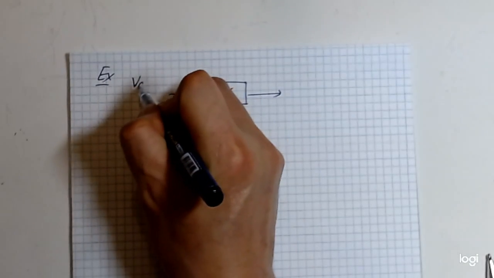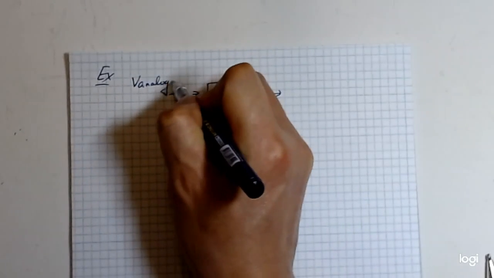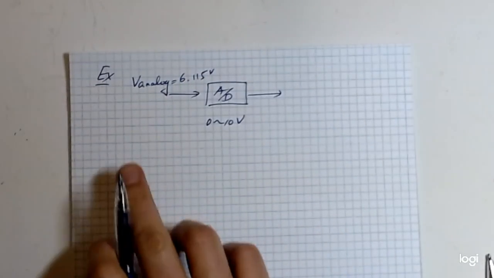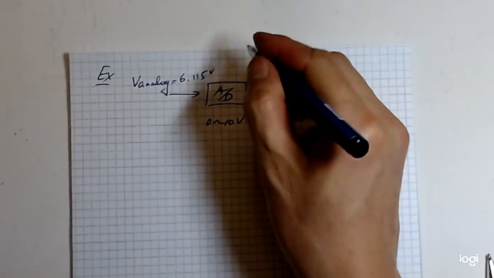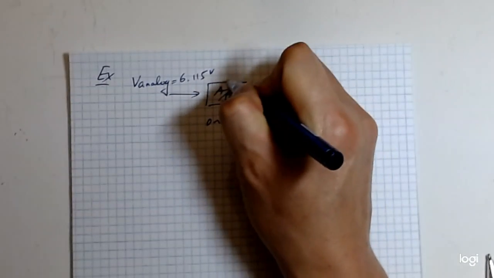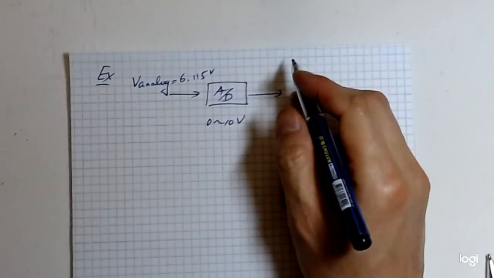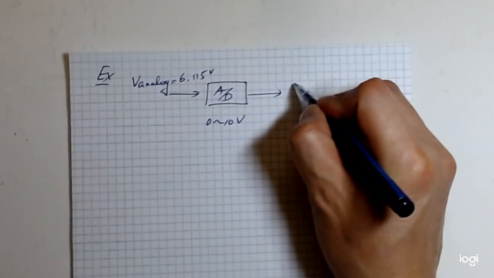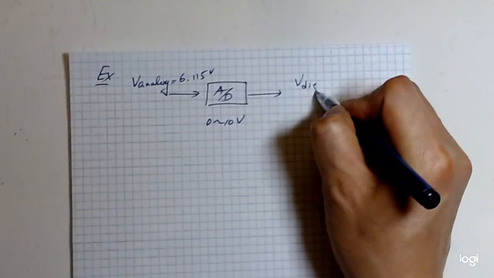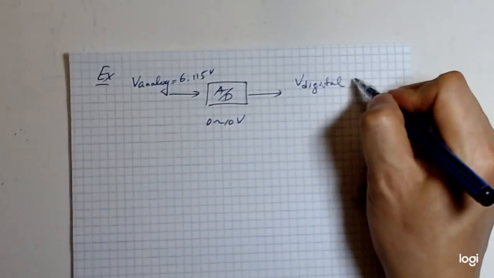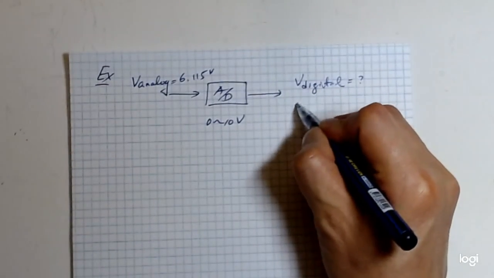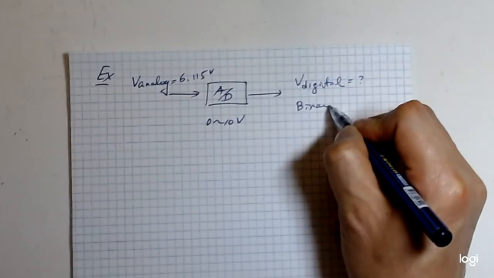So you have analog voltage coming in at 6.115 volt. Through the sampling and hold every time, what will be the digital voltage? And what will be the corresponding binary code, binary numbers?